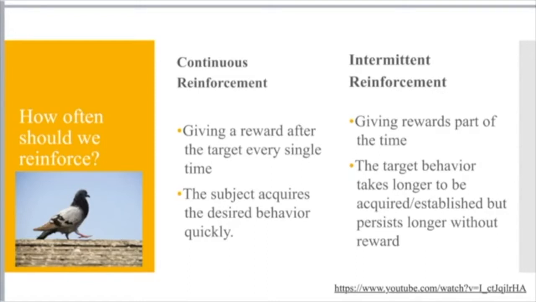So with continuous reinforcement, they can acquire the behavior quicker, but it doesn't last as long. Whereas with intermittent reinforcement, if a rat got the food every 5 times he hit the bar, he would be more likely to continue hitting the bar even though he didn't get any food for a couple of hits.